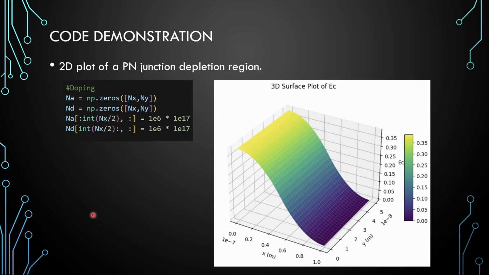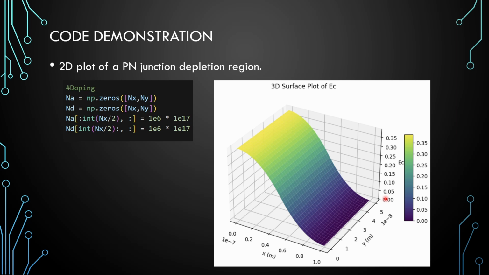Here I'm showing you an example to calculate the depletion region in a PN junction. And here is the doping profile I gave it. You can see that it gives you a 3D surface plot of EC, and it follows what we think a PN junction depletion region will be.